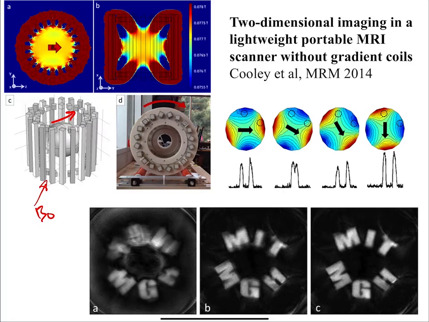So the GX and GY gradients are just taking this inhomogeneous field, which has a component that's homogeneous, but you also have these components that are inhomogeneous. This is showing that here, where you can see this is on rollers, and they just roll it and put the sample inside. And from that, here are some early images that they could get, showing that it's at least doable.